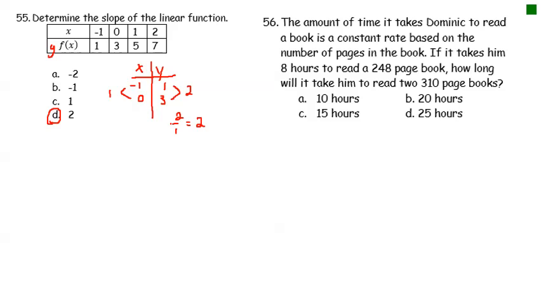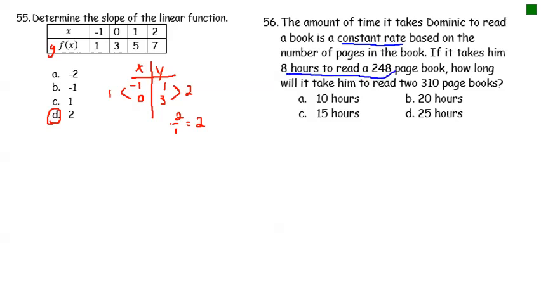Okay, well, there are several different ways that we could do this problem. Right here, because it says that he reads the book at a constant rate, that just means that the rate is the same throughout the entire time that he's reading. So our rate of change or our slope is going to stay the same. So we can go ahead and figure out how many pages he can read in 1 hour.